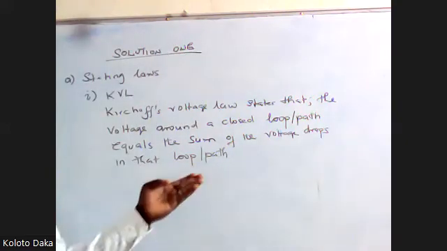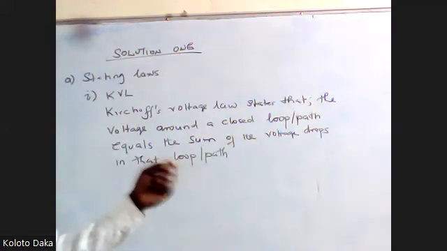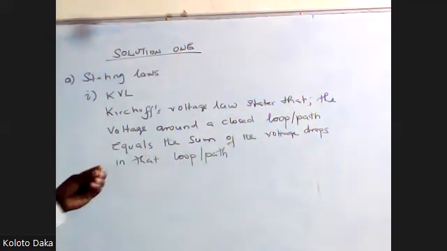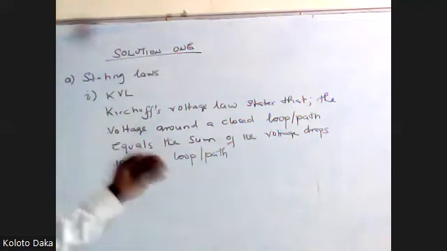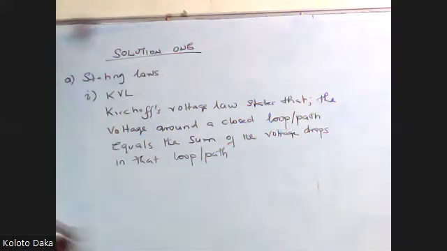So Kirchhoff's voltage law says that the voltage around the closed loop equals the sum of the voltage drops in that loop or path.